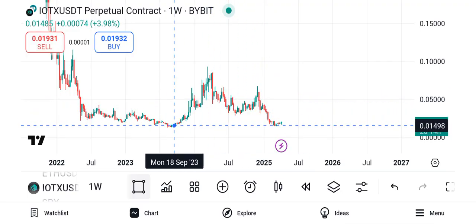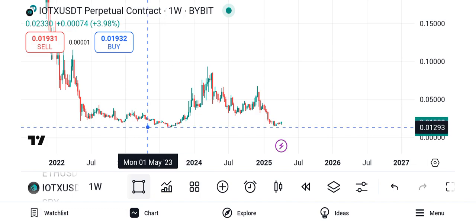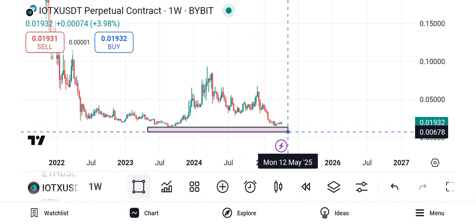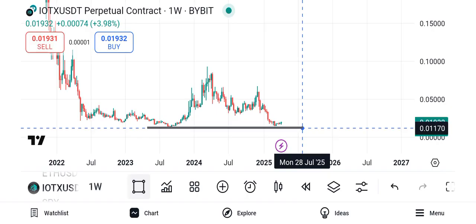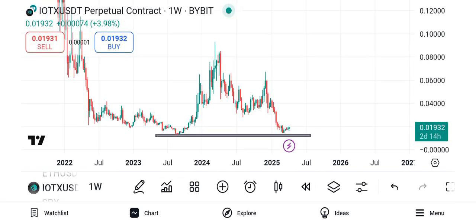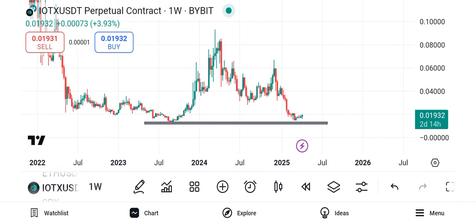So what you want to do, once you see price at this particular level, at this type of zone, is anticipate a bullish relief. The coin needs to pump a little because it has come to a point where it reached before and pumped.